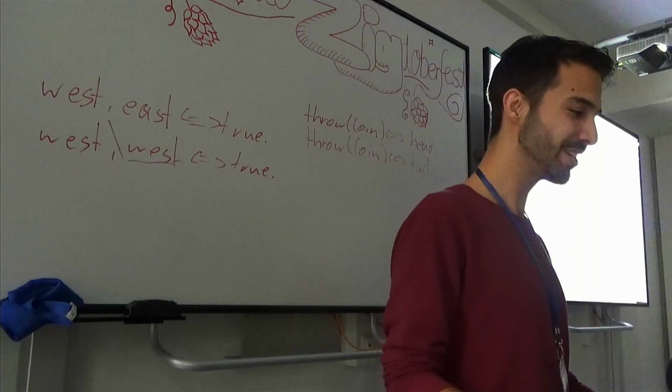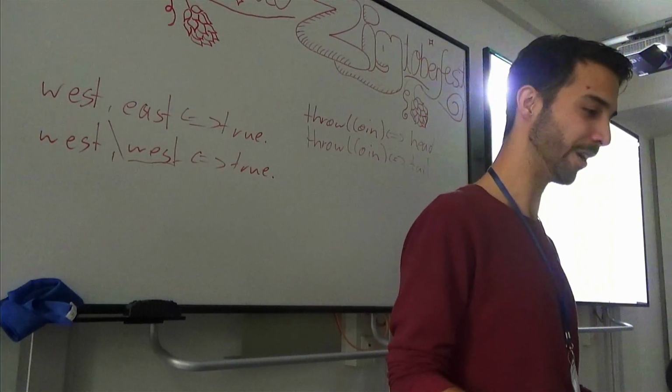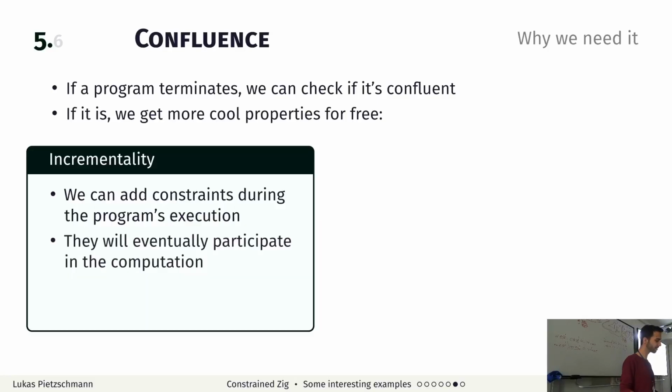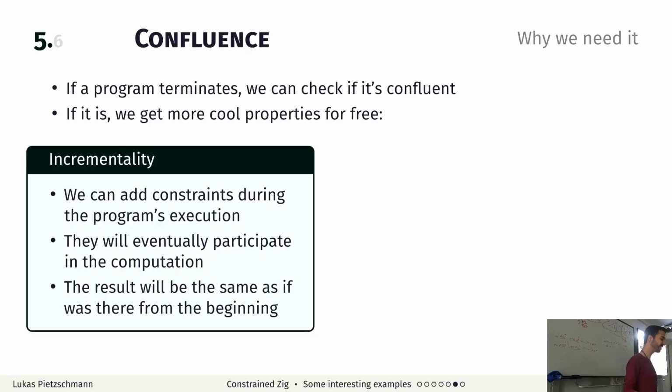Then we can check out what other properties confluence leads to. First is, I call it incrementality, which sounds a bit weird, but algorithms that are incremental are often also called online algorithms, which means that we can just add more constraints on the fly, and they will eventually participate in the computation, and we will get a correct result.